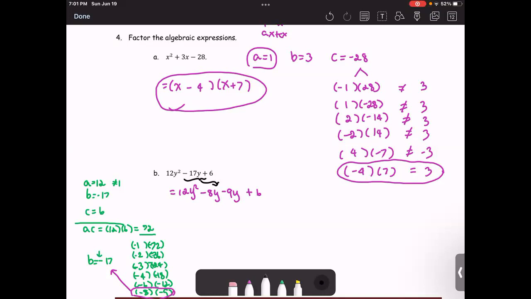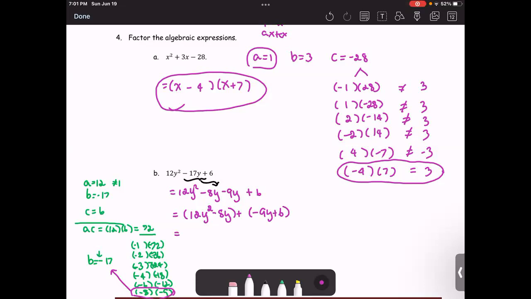After we get the 4 terms, we're going to perform factoring by grouping, grouping the first two terms and the last two terms, 12y squared minus 8y plus negative 9y plus 6, and then find the greatest common factor of each group.